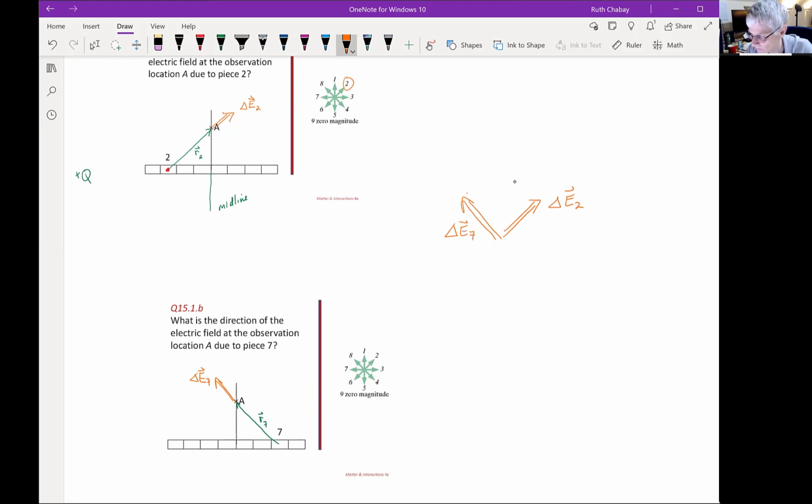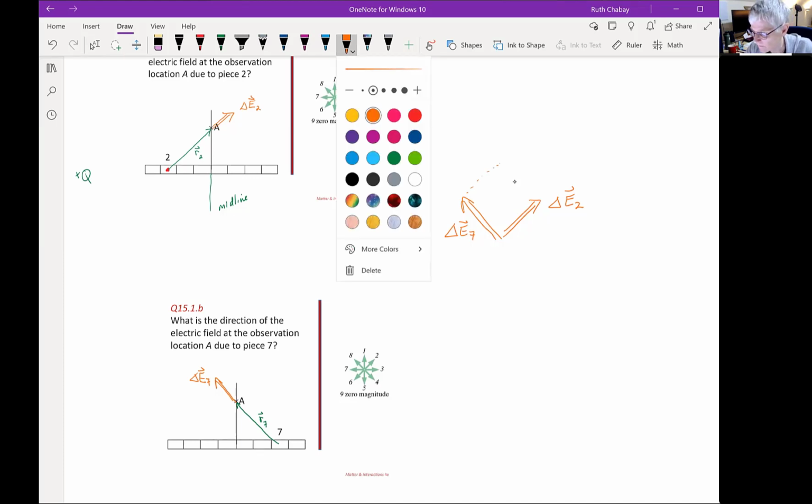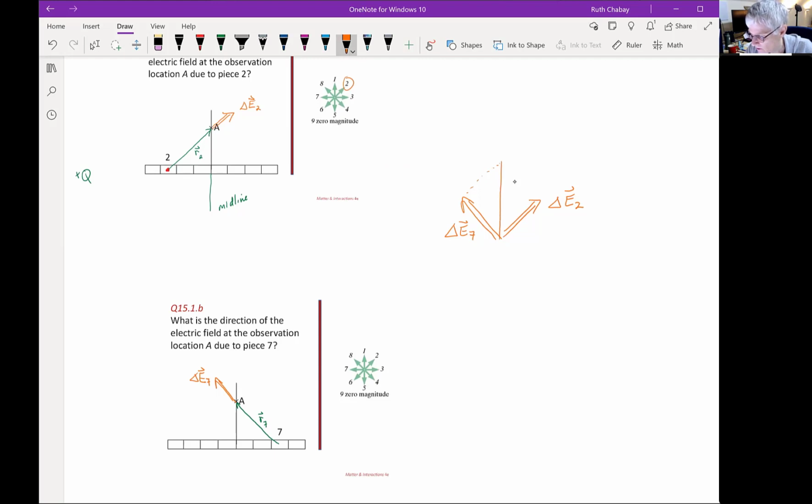So we're going to move 2, put it at the tip of 7. So we get our resultant sum. So we see that the x components actually canceled out because we chose our observation location on the midline here.